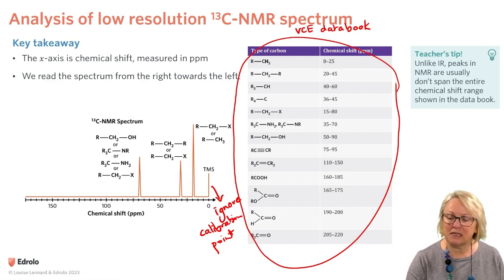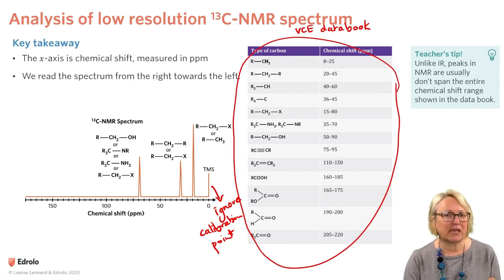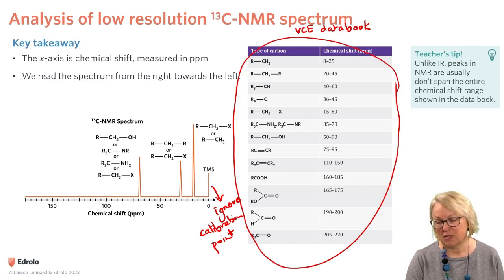Now, unlike in IR, the peaks in NMR generally are very narrow. They don't span the entire chemical shift range shown in the data book. Also, the chemical shift ranges can vary somewhat depending on the presence of an electronegative atom in the molecule.